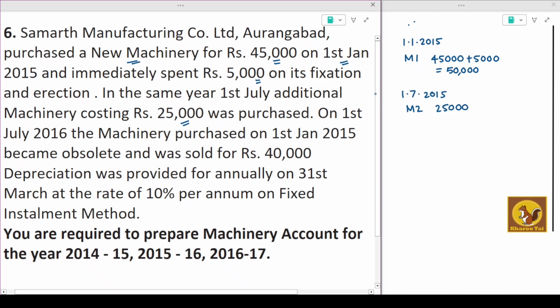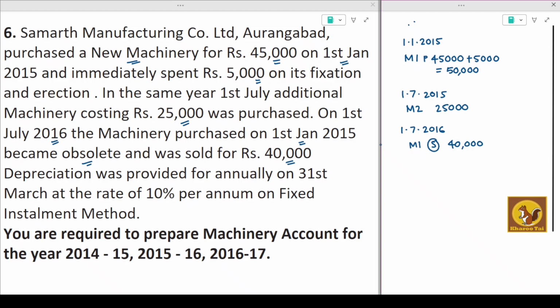Then on 1st July 2016, the machinery purchased on 1st Jan 2015, that is first machinery, became obsolete. Obsolete means became outdated and was sold for rupees 40,000. So 1st July 16, machinery 1 was sold for 40,000.